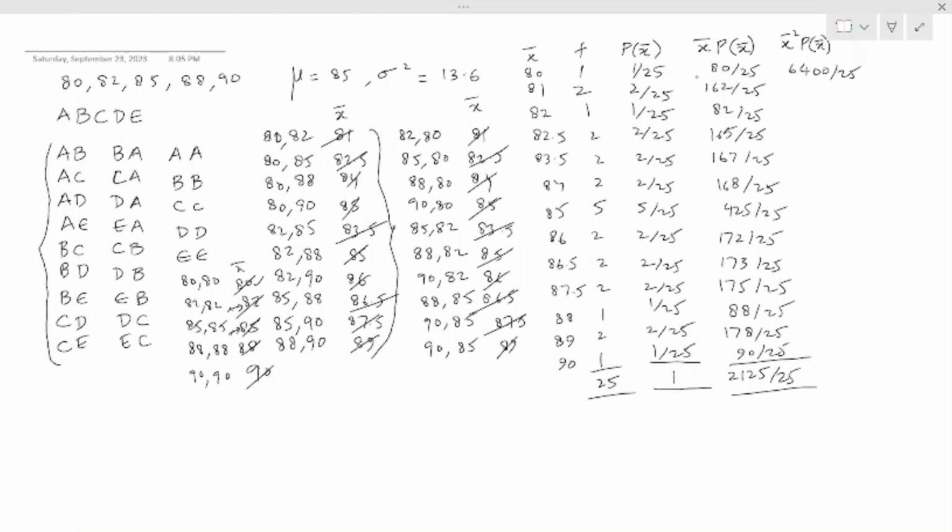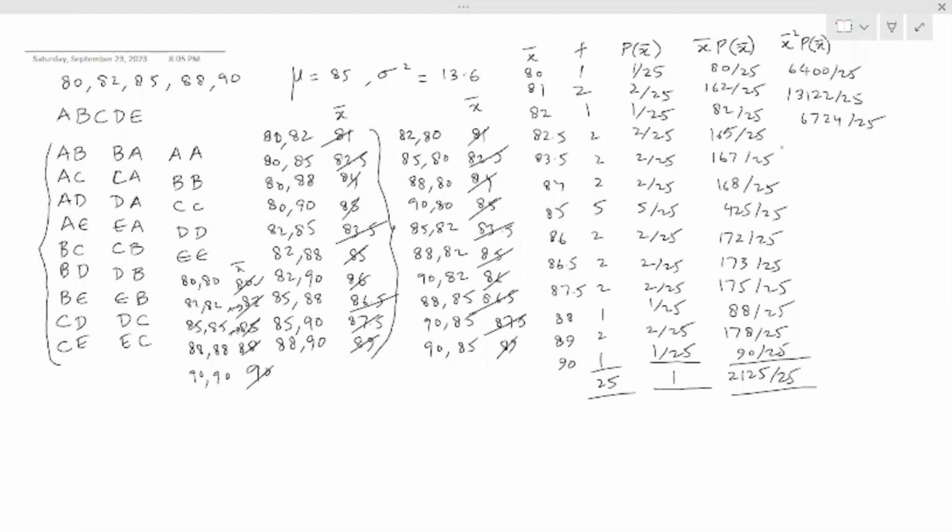So now 162 times 81 gives us 13122 on 25. Then we have 82 squared, which is 6724 on 25.